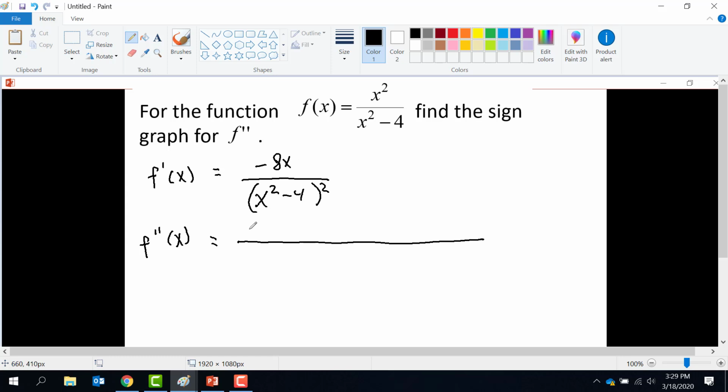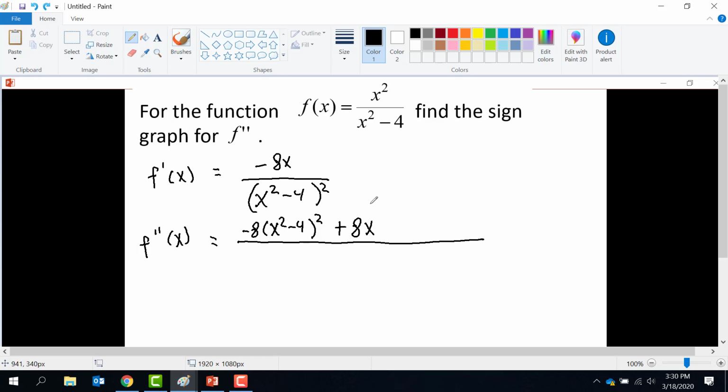Derivative of the top, negative 8, bottom left alone, x squared minus 4 squared, plus, because of the minus 8x, that makes the minus in the quotient rule a plus 8x times the derivative of the denominator.